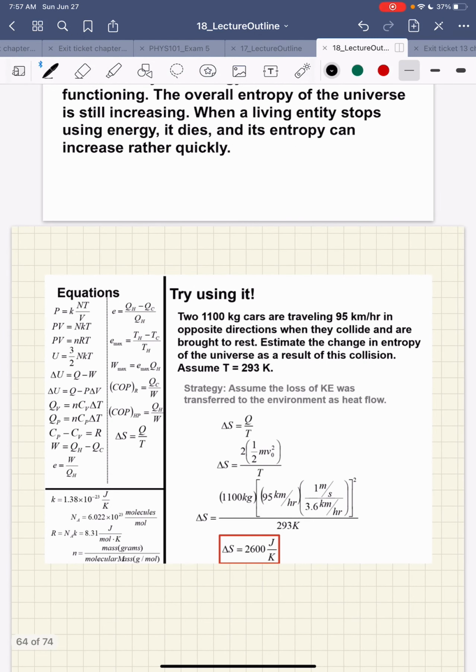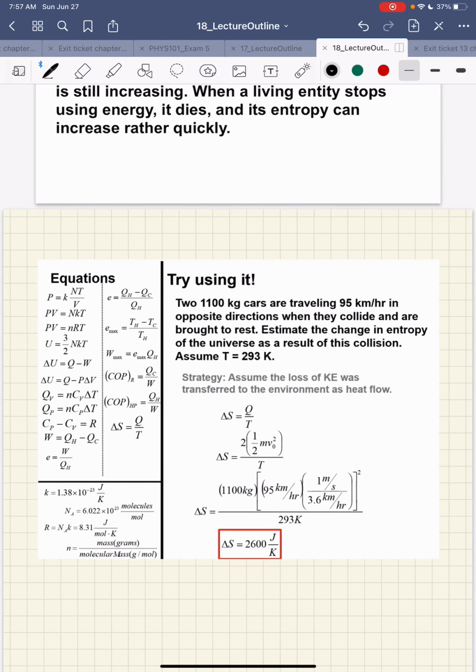All right, let's do this here. Two 1100 kilogram cars are traveling 95 kilometers per hour in opposite directions when they collide and are brought to rest. Estimate the change in entropy of the universe as a result of this collision. Okay, T equals 293.